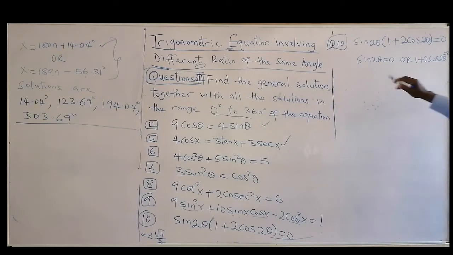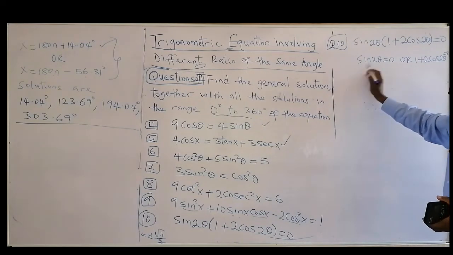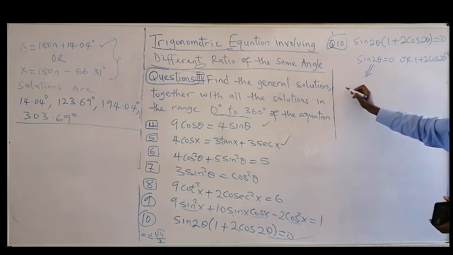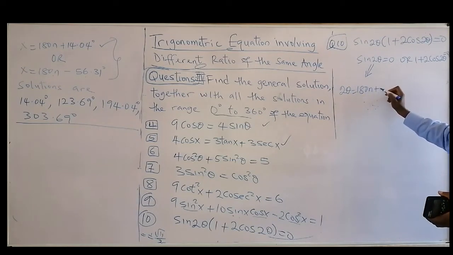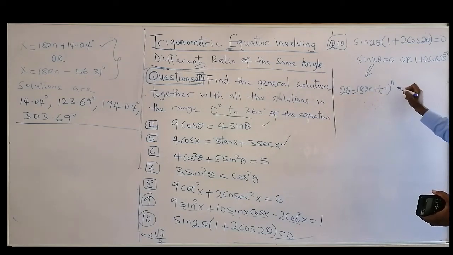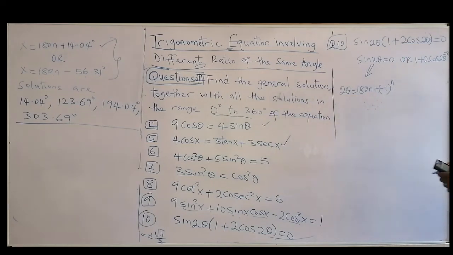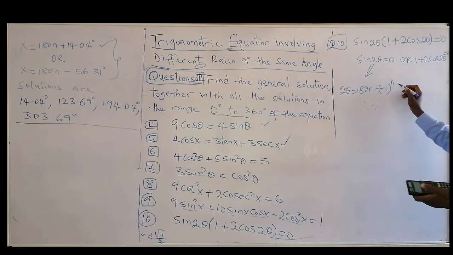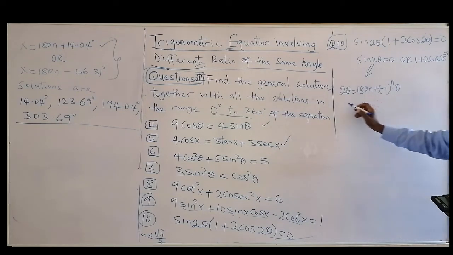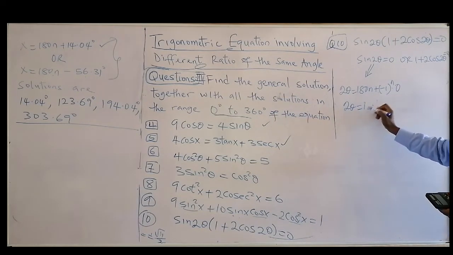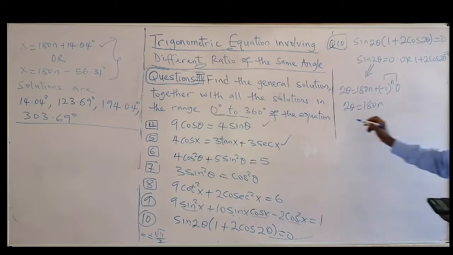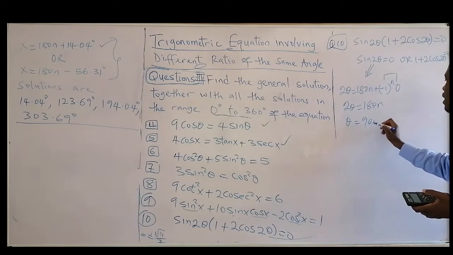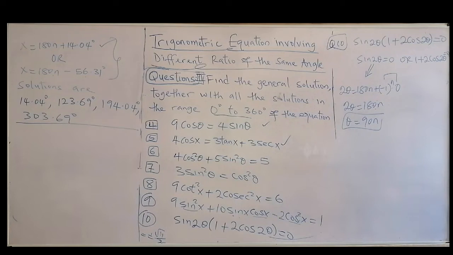In this case, the general solution for this will be 2 theta equal to 180n plus or minus 1 power n, and then arcsine 0 is 0. We have 0 here, so it will just give us 2 theta equal to 180n. Then we can have theta equal to 90n. That's the first equation.